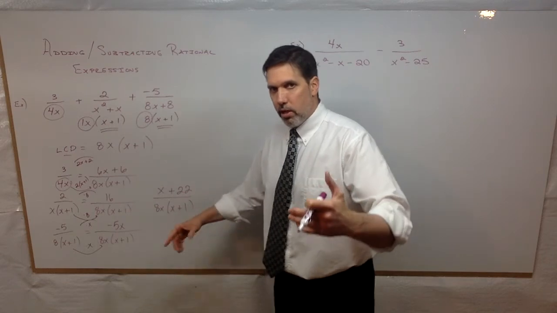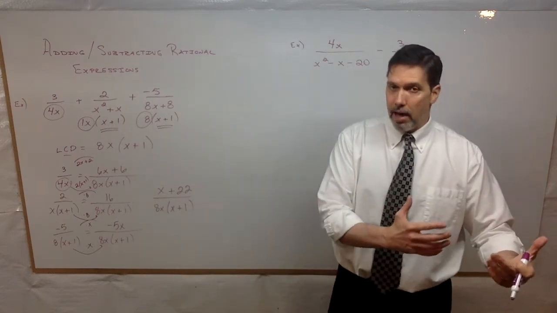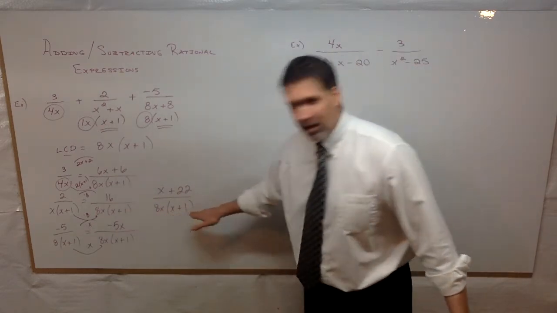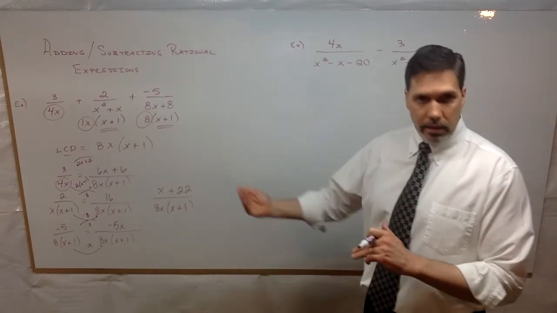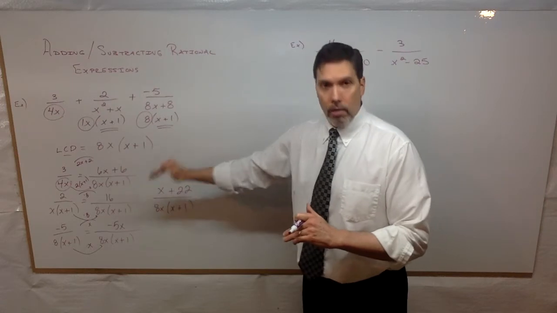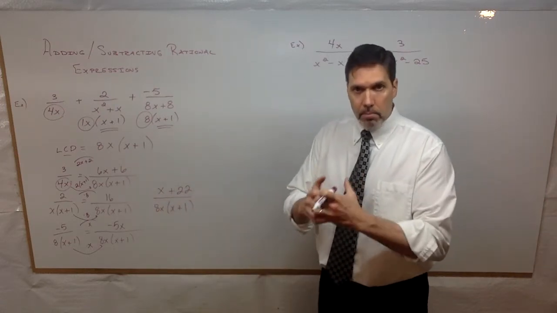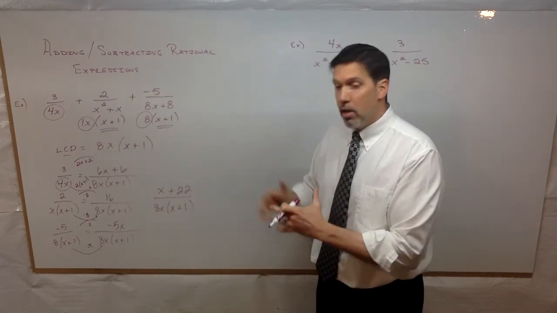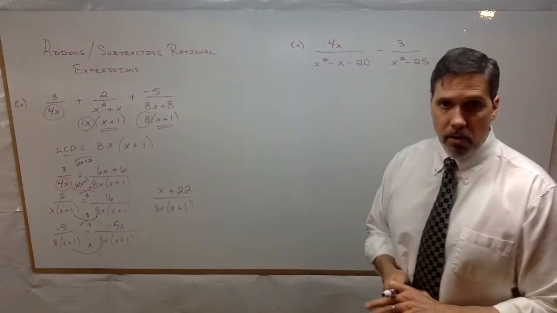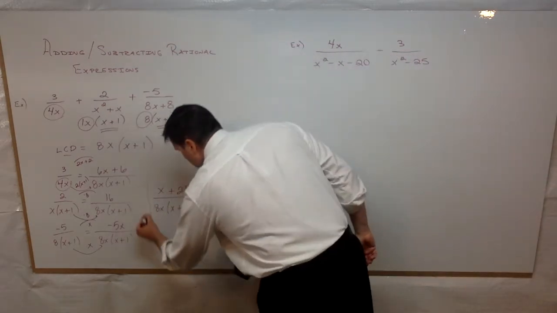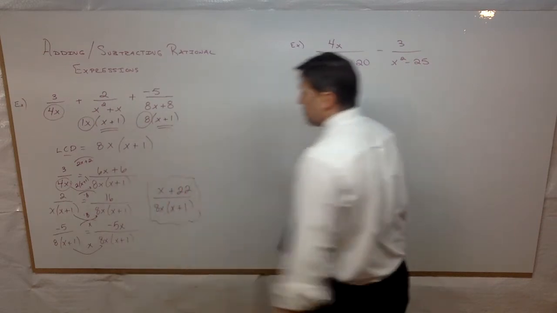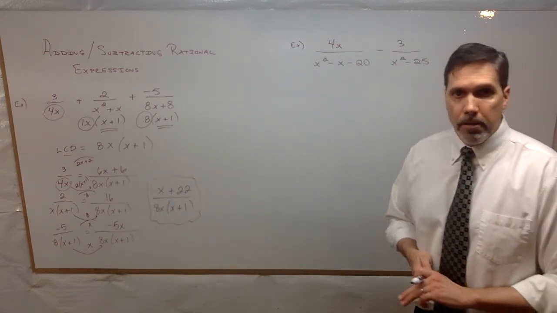We distribute in order so we can simplify, but you're not going to be simplifying anything if you distribute the 8x. It's not that it's wrong, it's unnecessary. In the numerator, you absolutely have to because you're going to be combining terms in the different fractions. In the denominator, there's really no point to it. And in fact, I strongly discourage you from doing that. So just leave this as your final answer. I mean, in the long run, it's less work.